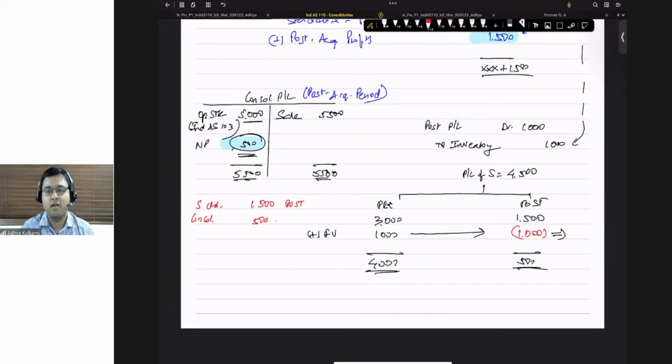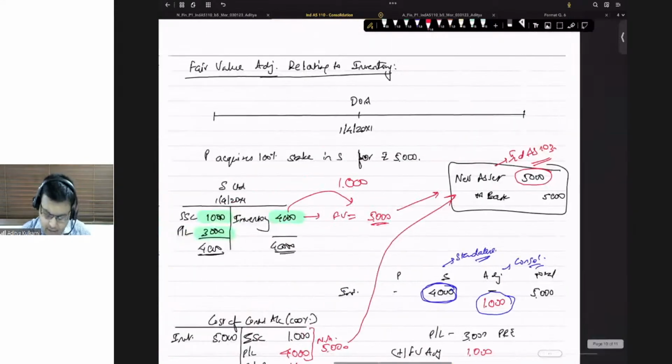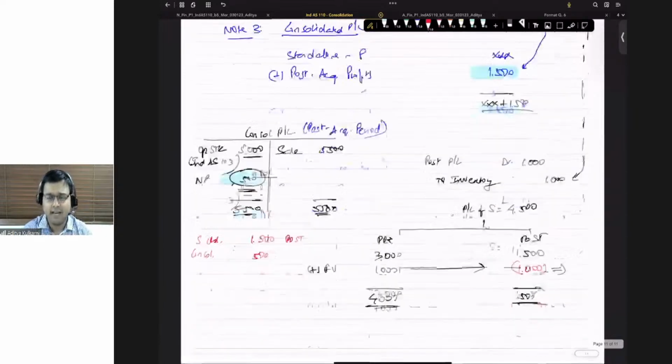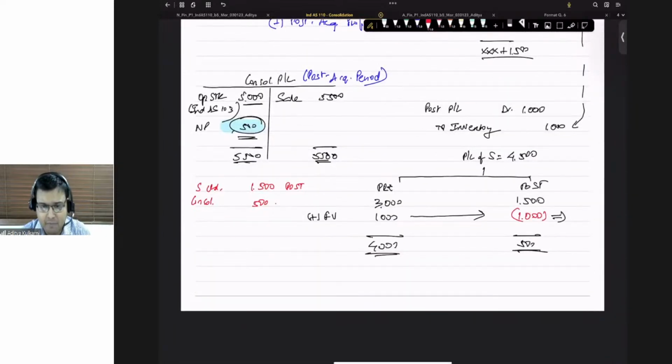So in a sense, I have already recognized that profit in my consolidated financial statements. If I did not do that fair valuation, I would have a goodwill of 1,000. But because of recognizing this increase, I don't have a goodwill. So therefore, I have recognized this profit already. So therefore, only the remaining 500 is what has to now come.